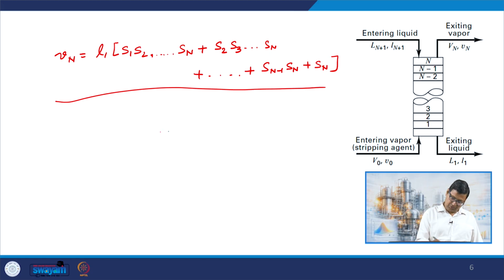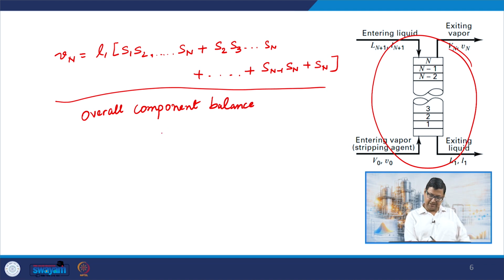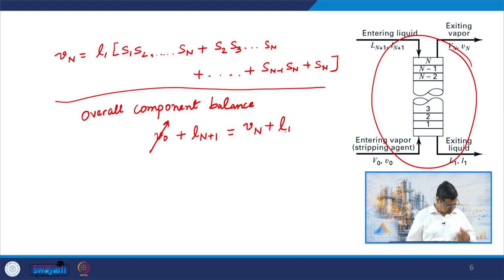And now we can do the overall balance for the component, and that is going to give me V naught, which is equal to 0 anyway, plus L n plus 1 that is coming in is equal to what is leaving, Vn plus L1.